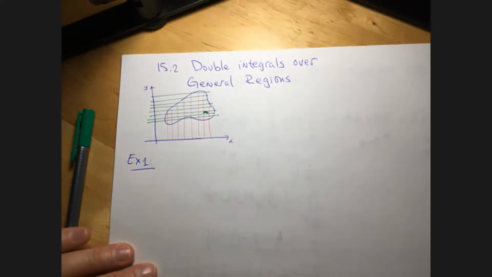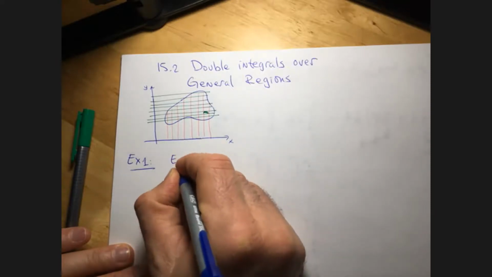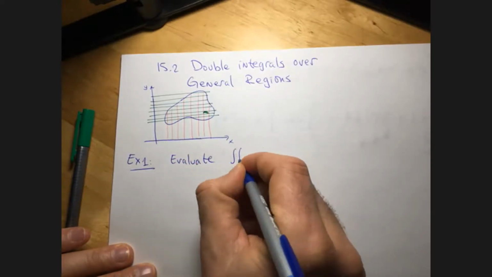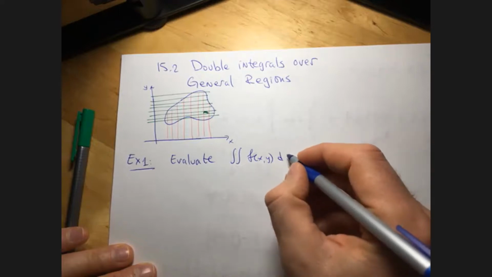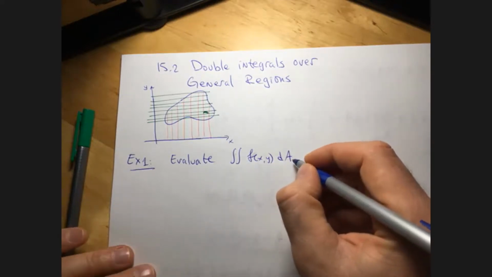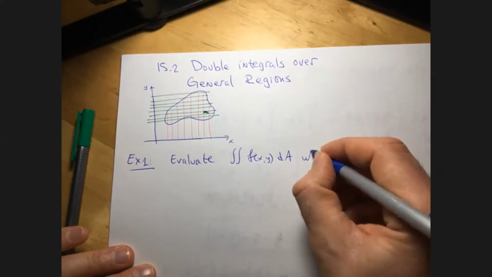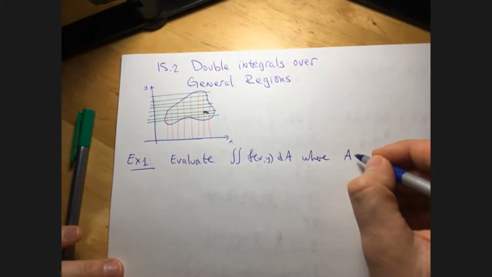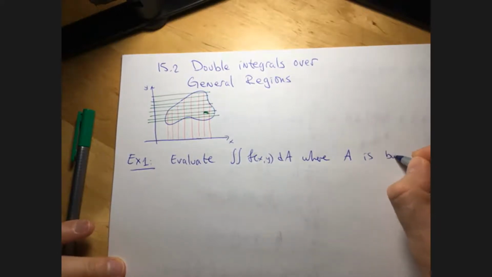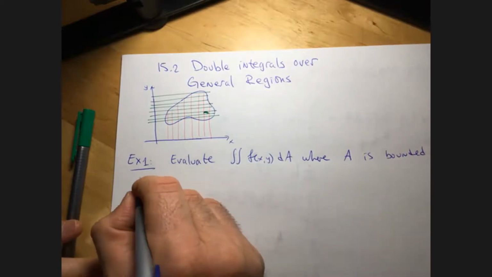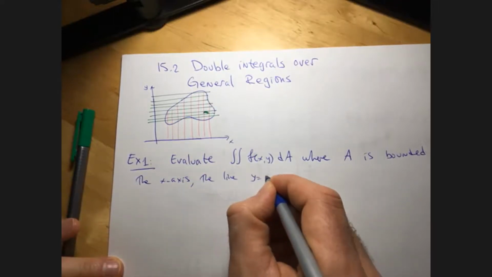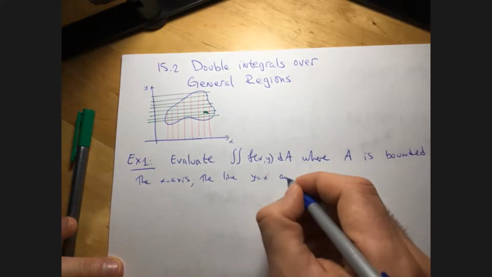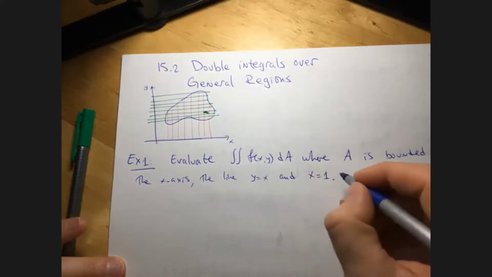Evaluate the double integral of f of x y dA, where A is bounded by the x-axis, the line y is equal to x, and x is equal to 1.